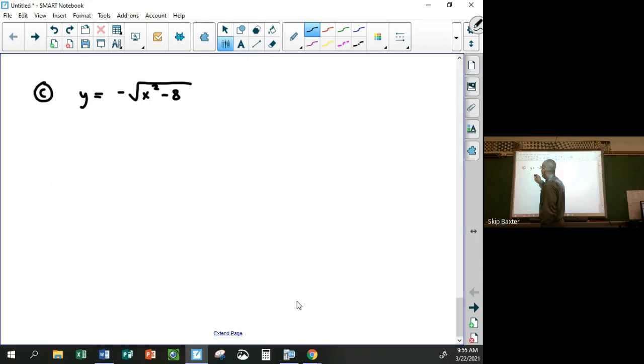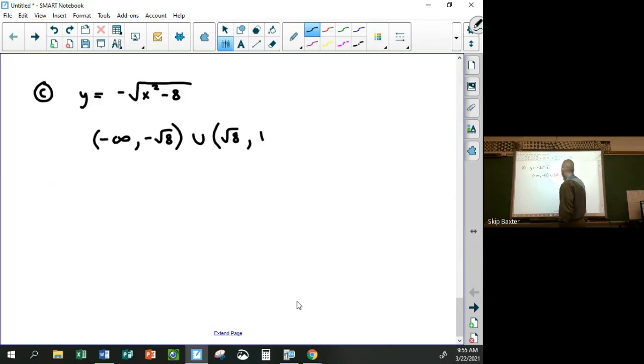So why can't it be negative infinity to negative radical 8, union radical 8 to positive infinity? I was thinking, why can't it be this? Because the grading rubric said it's this, right?